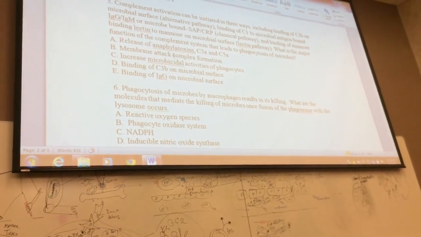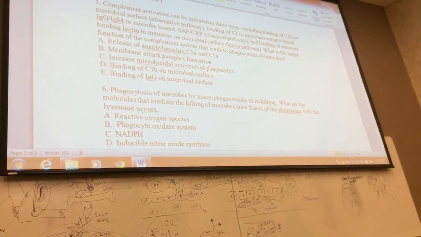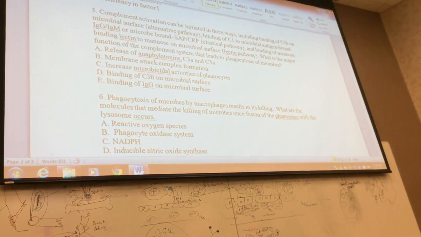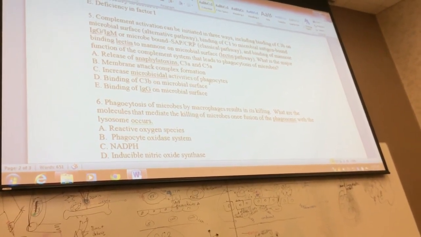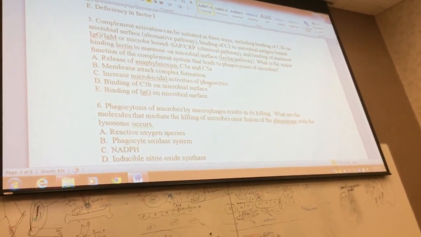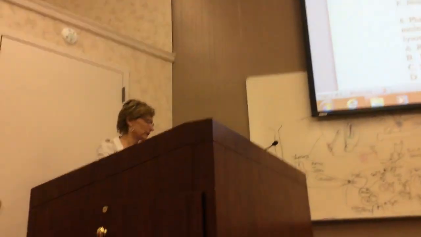Membrane attack complex has nothing to do with phagocytosis. Increased microbicidal activity of phagocytes would play an important role in the killing of the bacteria, but not in the phagocytosis. And in this case, IgG is an opsonin, but it has nothing to do with the complement system being involved in phagocytosis.